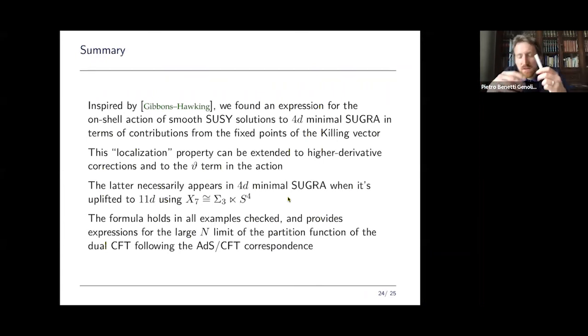And it was given only in terms of topological or geometrical data from the fixed point sets of a specific Killing vector that was constructed out of supersymmetry. We also showed that this property of localization in the geometric sense also extends to the first higher derivative corrections, and also extends if you add a theta term to the action.